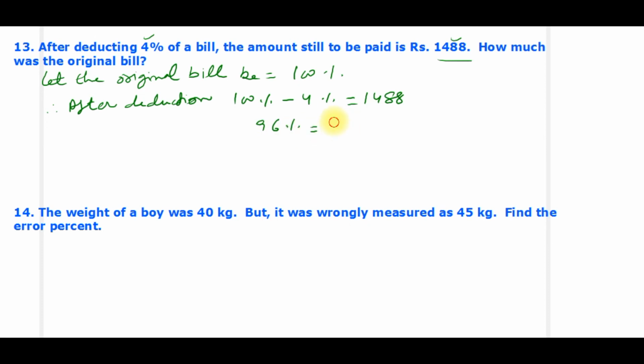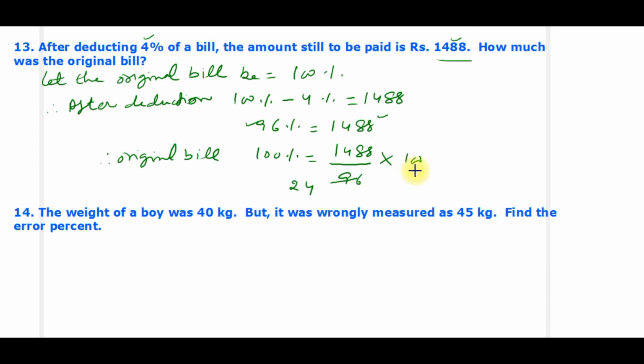96% is equal to 1488. This is after deduction. We have to find out the original. Therefore original means 100% would be equal to 1488 upon 96 multiplied by 100. 24 4s are 96, 25 4s are 100, 24 4s are this, 12 2s, 12 6s are 72.